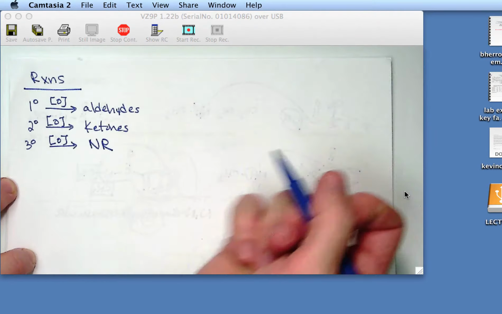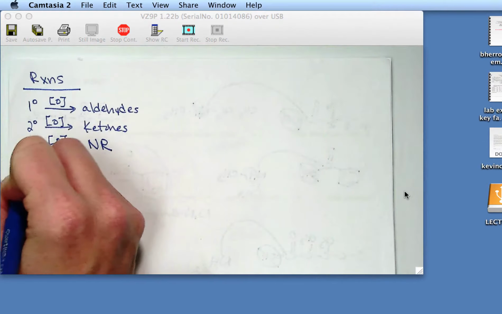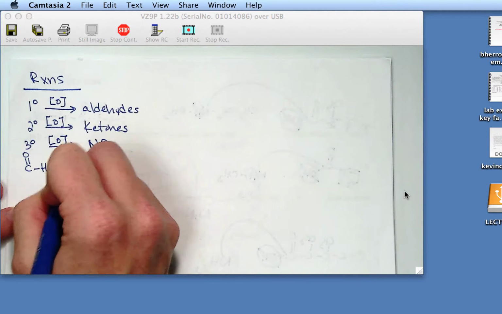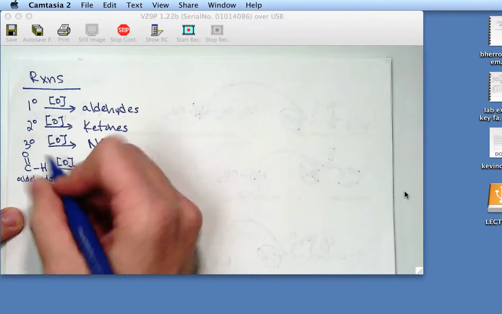And then we have two more oxidation reactions where we have an aldehyde getting oxidized to a carboxylic acid.